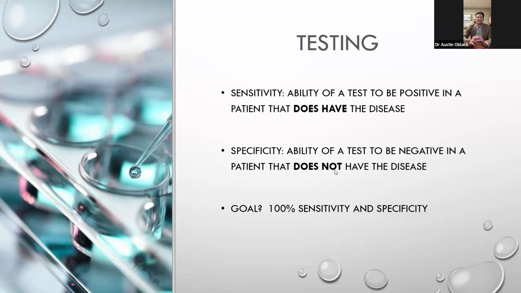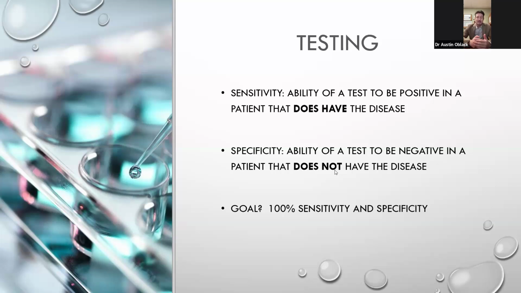Sensitivity is really the ability of a test to be positive when a patient has a disease. So for instance, with the most minor symptom, the most minor clue of a disease, you do a test, and it always turns up positive in people that have the disease. Whereas specificity is the ability of a test to be negative if the disease is not there.